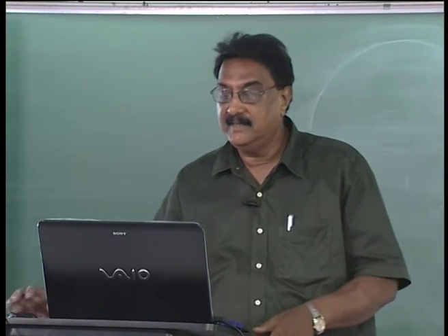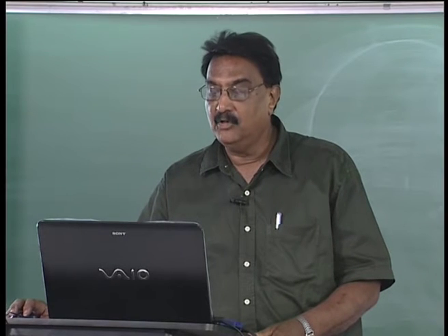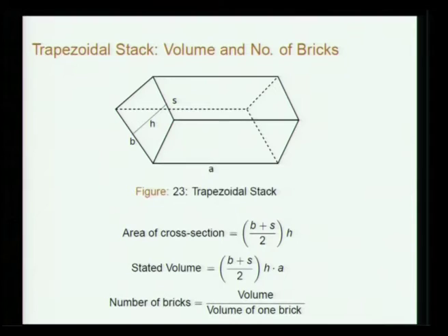So, that is the cross section, and the volume is essentially this into A. That is what is stated. And the number of bricks is, obviously, the volume divided by the volume of one brick.